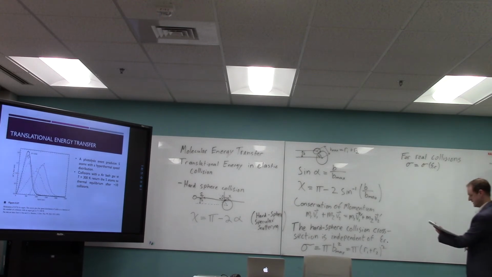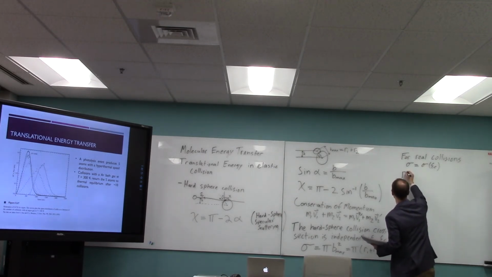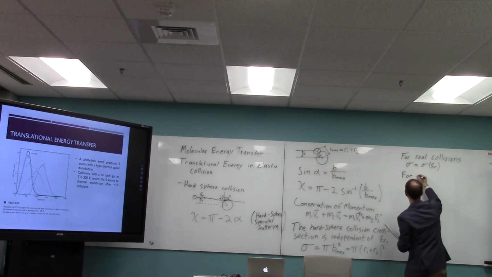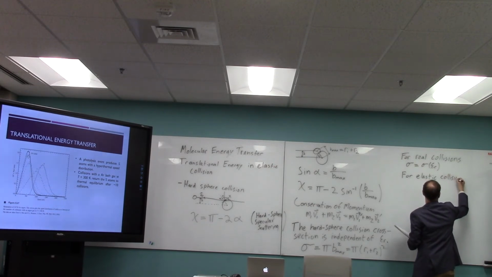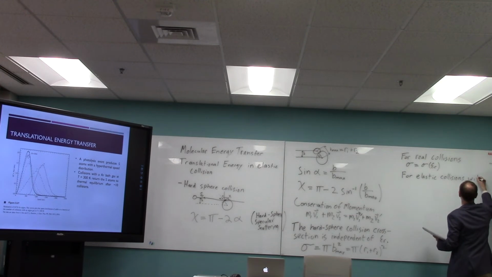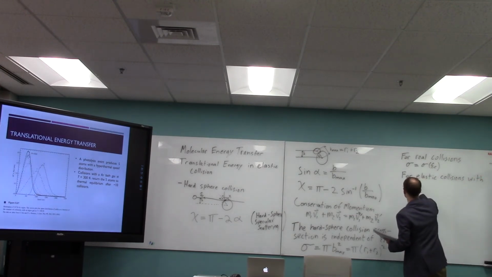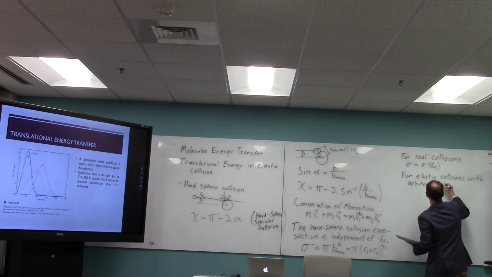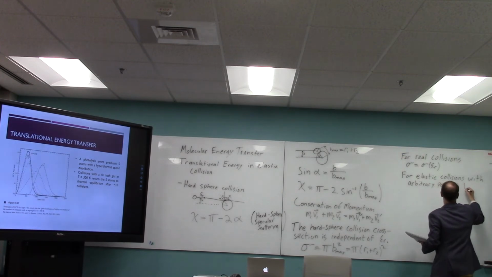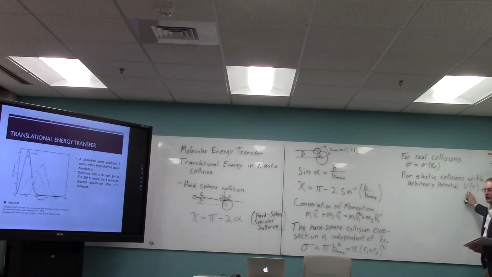Okay, and it's possible to show that if you have an elastic collision with an arbitrary potential V of R, so this would be appropriate for cases where the potential energy only depends on the distance, so for scattering of atoms, basically, where you don't have a molecular orientation dependence.